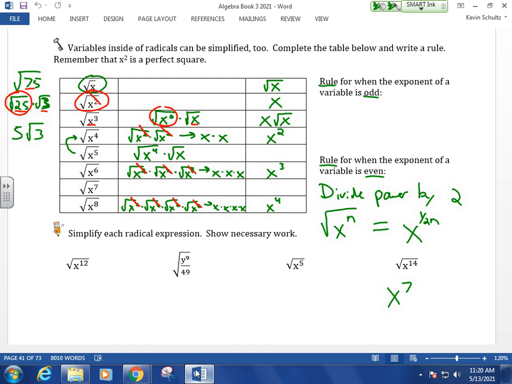It's a legal breakdown of the root of x to the fifth. But the reason why I do this is because what do I already know about the root of x to the fourth? What does that equal? X squared. And then that extra term that I can't do anything with, like we saw on the first page, whether it was root 3 or root 5 or root 7 or just root x, that just tags along. So we have x squared root x.